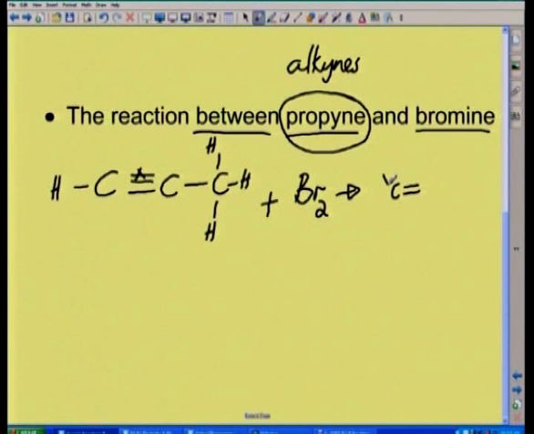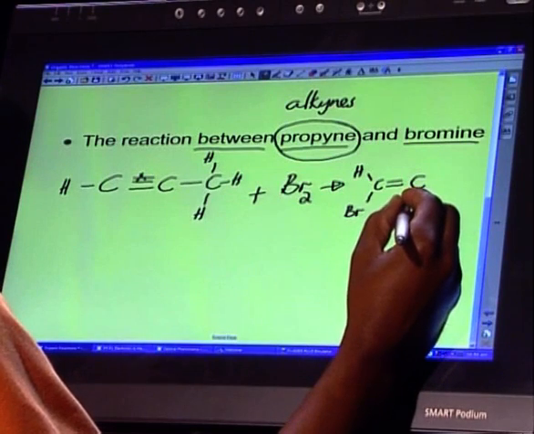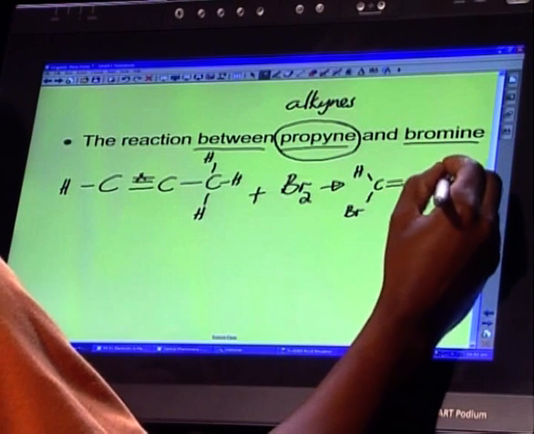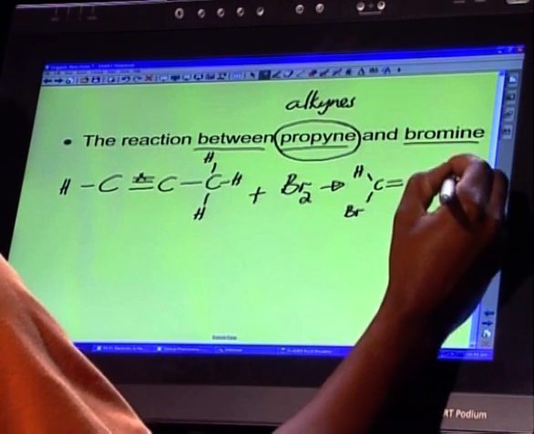So if that is a double bond, it means you would have one hydrogen there, and definitely you would have one of the spaces taken up by bromine. Then the next bromine atom would come here. Remember, this one has also created a space there. So bromine there, plus your last carbon atom.